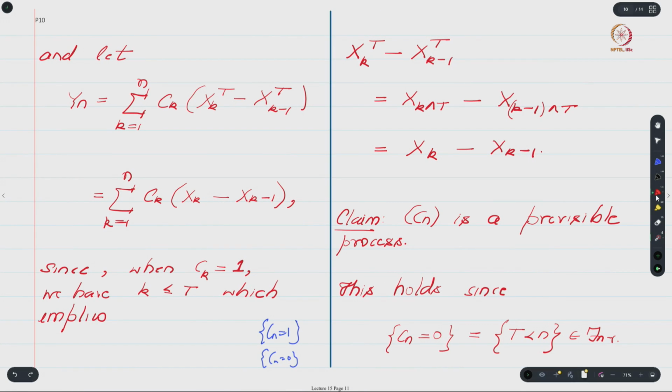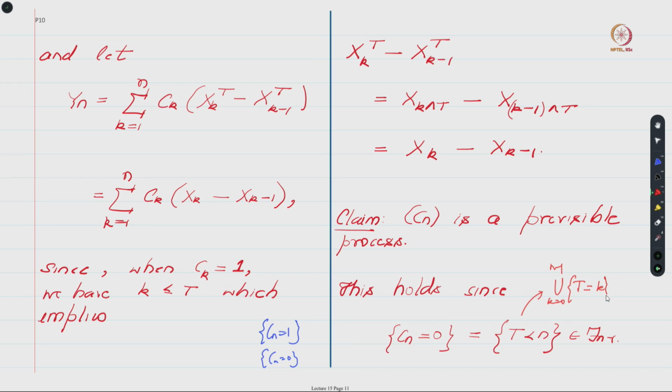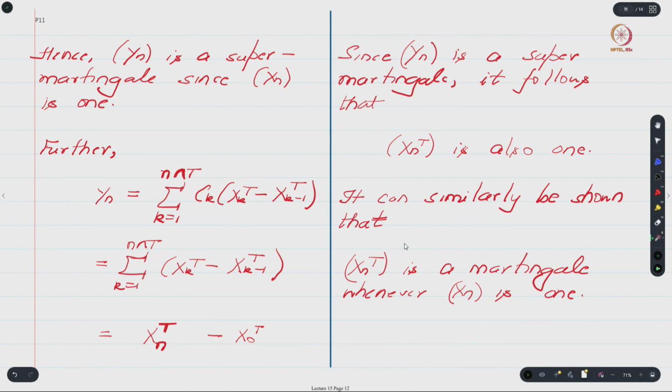So t strictly less than n means that this is the union, k equals 0 till n minus 1, of the events t equals k. So this event equals this, and because this is n minus 1 over here, we know that this union must belong to Fn-1. Since the event Cn equals 0 belongs to Fn-1, and since Fn-1 is a sigma algebra, one can immediately conclude that Cn equals 1 must also belong to Fn-1, which in turn implies that Cn is measurable with respect to Fn-1, and hence Cn is a predictable process.